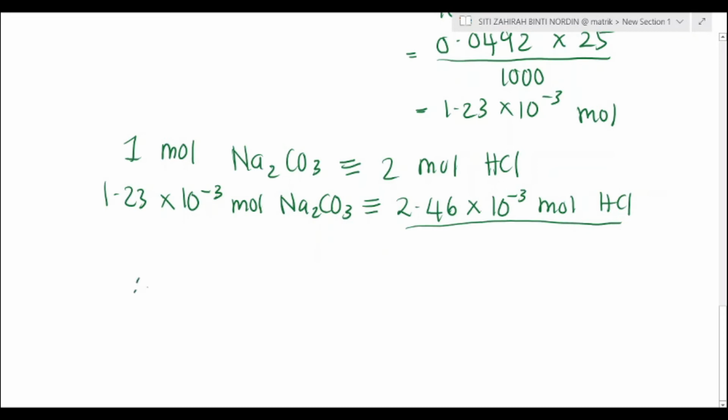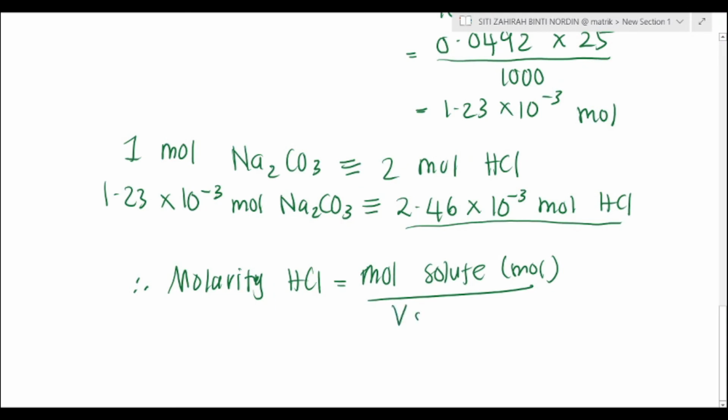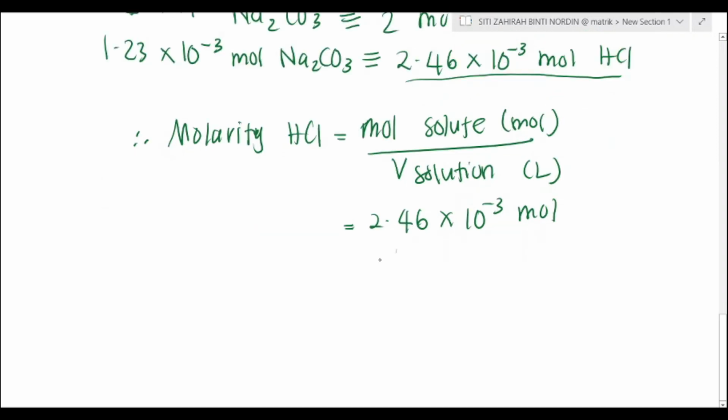Can we find the molarity yet? Yes, you can. We're going to use the same molarity formula as in part A, which is mole of solute divided by volume of solution in liter. The mole of solute of HCl that I've got is 2.46 times 10 to the power of minus 3 mole divided by the volume of solution for HCl.